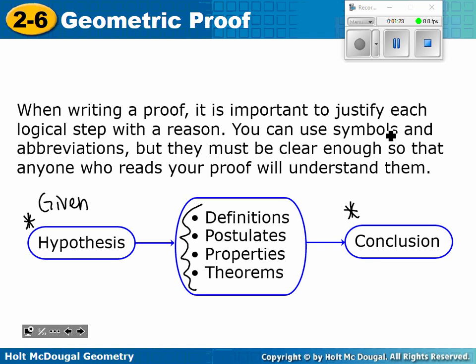I showed you where your postulates and theorems are located in the back of your book. So when you're working these proofs, you may want to just open your textbook to the back so you can scan through those names of postulates and theorems. Properties, we just have the ones we learned yesterday, not any extra properties thrown in there. And that's it. Those are the things you're going to be using for your reasons.